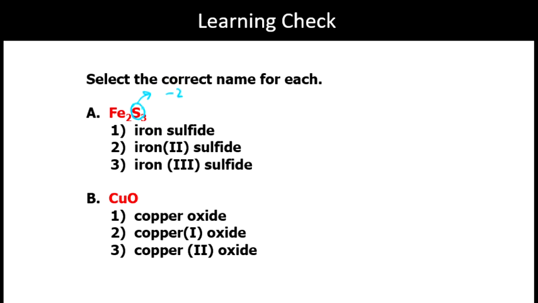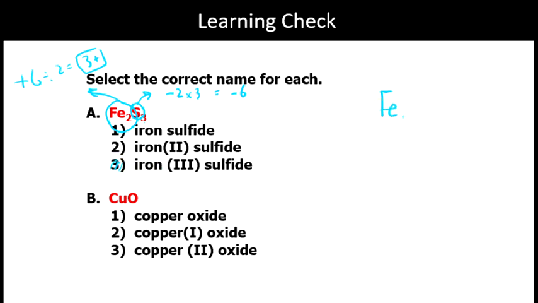Group number 6, 6 minus 8, 2 negative. How many sulfur do we have? 3 times 2 negative is 6 negative. So I need to have positive 6 here. How many iron do we have? 2. So it means each iron has 3. Each iron has 3. So I need to pick this one.